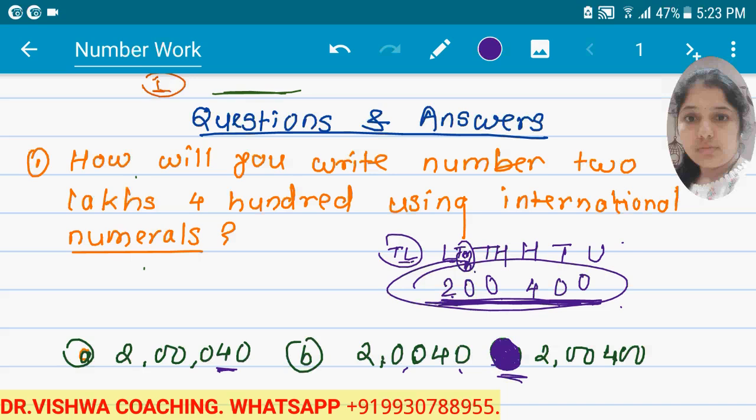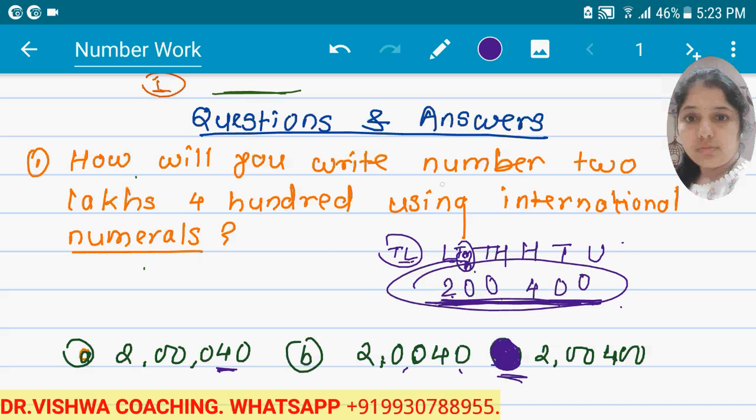So this is the method to write the number. First you write the places, meaning unit, tens, 100, 1000, 10,000 and lakhs position, and then you fill in the digits of the number you are asked, and you will find the correct answer.